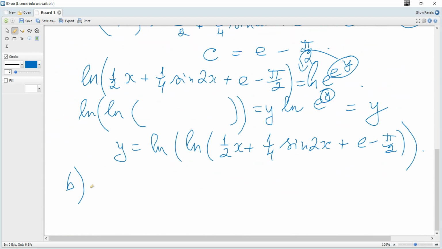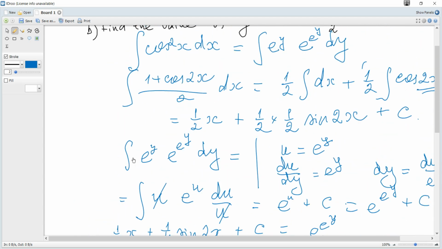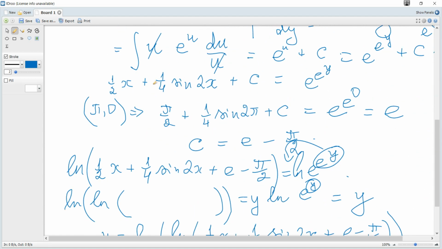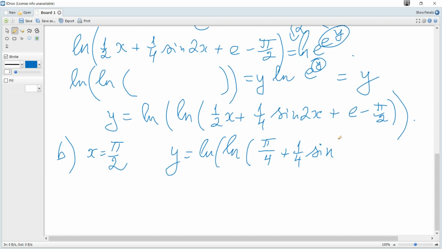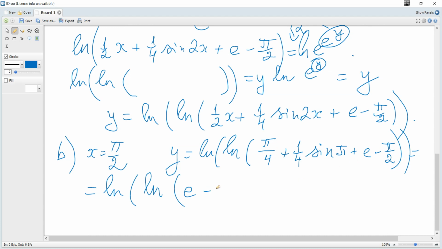So when x is pi over 2, y is ln of pi over 4 plus 1 over 4 sine of pi plus e minus pi over 2, and it is equal to ln of, sine of pi is 0, so it becomes e, and pi over 4 minus pi over 2 is minus pi over 4.